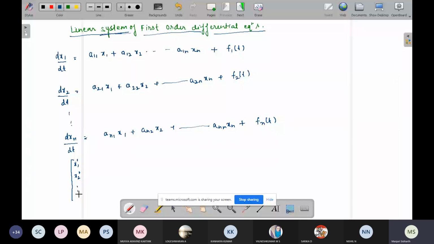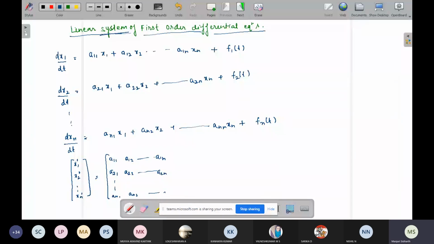Then the matrix a11 a12 a1n, a21 a22 a2n, an1 an2 ann, the coefficient matrix, coefficients of x1, x2, xn. Then f1(t), f2(t), up to fn(t).